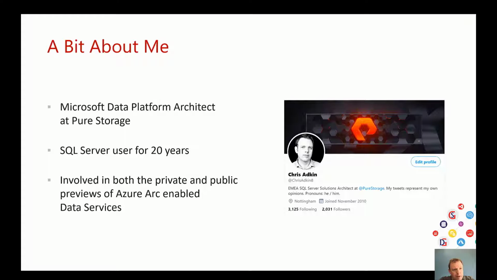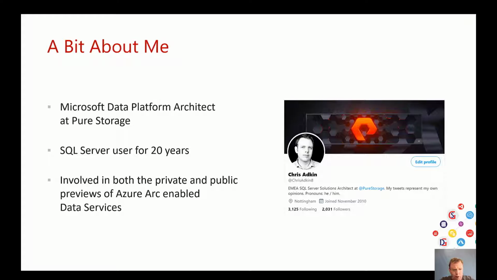A bit about me: I'm a Microsoft Data Platform Architect at Pure Storage. I've been working with SQL Server for 20 years and I've been involved in both the private and the public previews of Azure Arc enabled data services. On top of this, I spend an increasing amount of time in my day job working on Kubernetes.